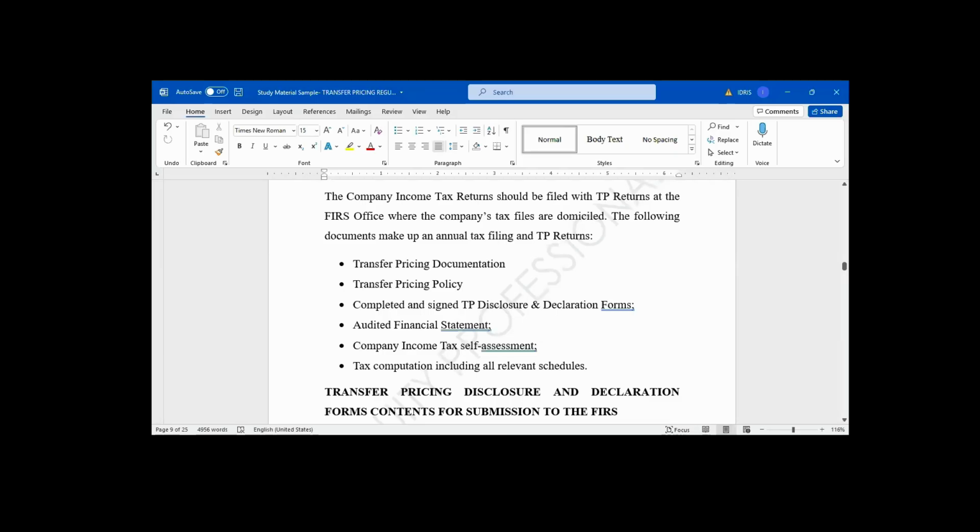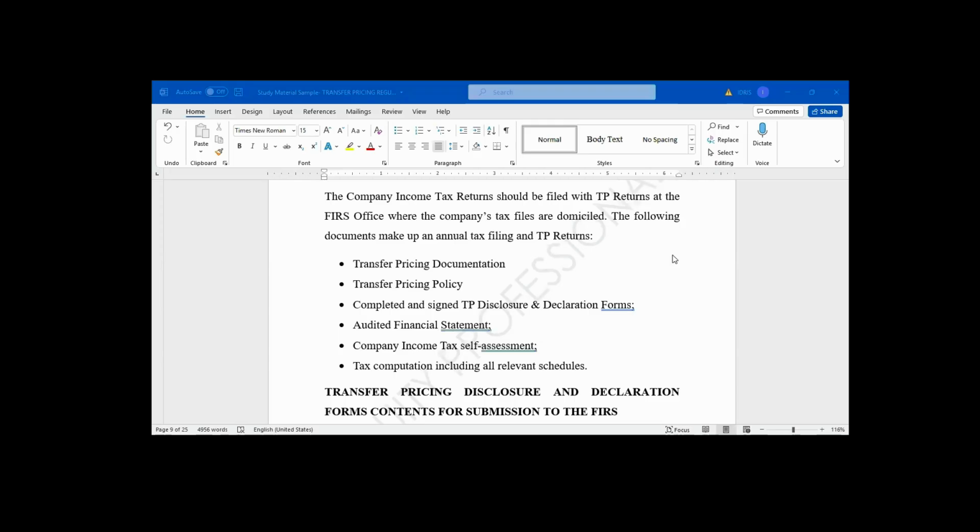First, transfer pricing documentation. Second, transfer pricing policy. Third, completed and signed transfer pricing disclosure and declaration form. Another one, audited financial statements, company income tax self-assessment, tax computation. These are all you need if you want to file transfer pricing return.